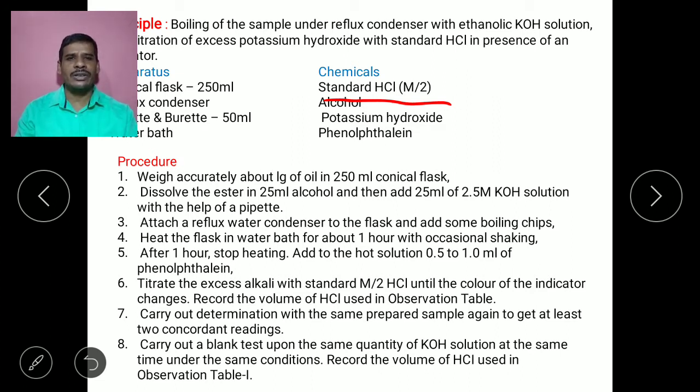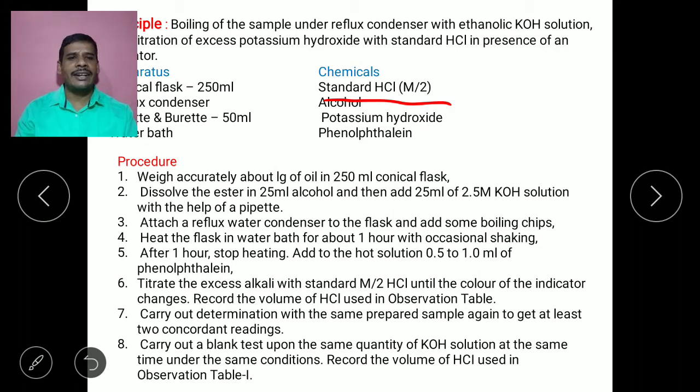If we use the oil or fat sample, such a titration is the back titration. And if we do not use the oil or fat sample, such a titration is the blank titration. Blank means we do not use the oil or fat sample.